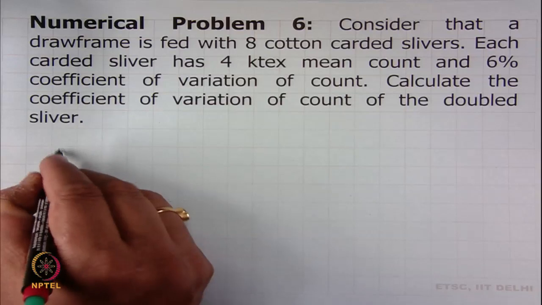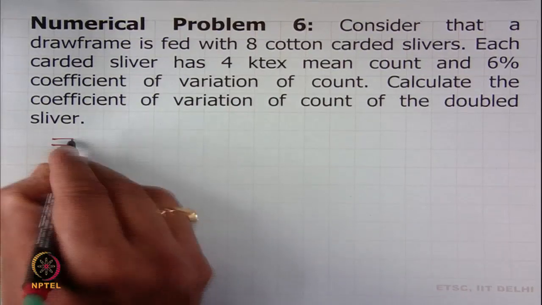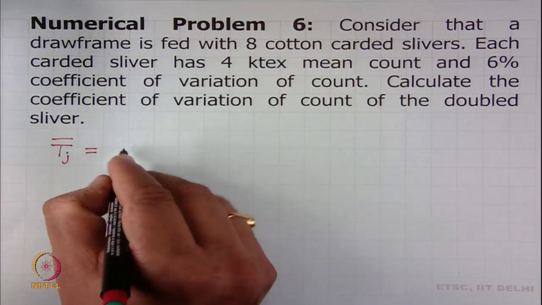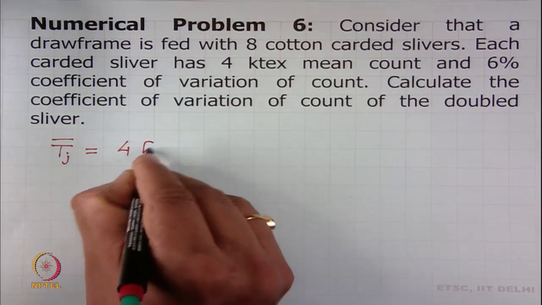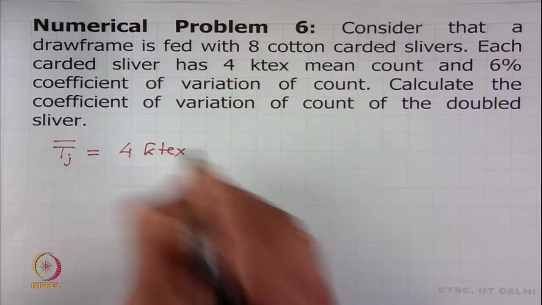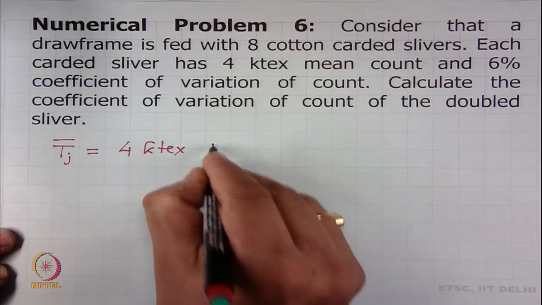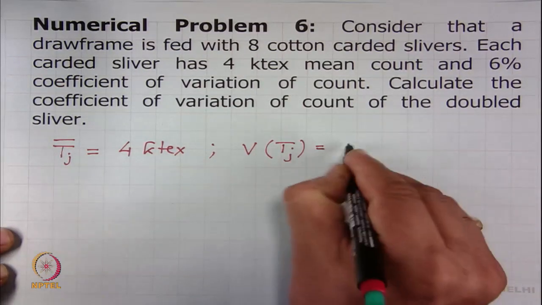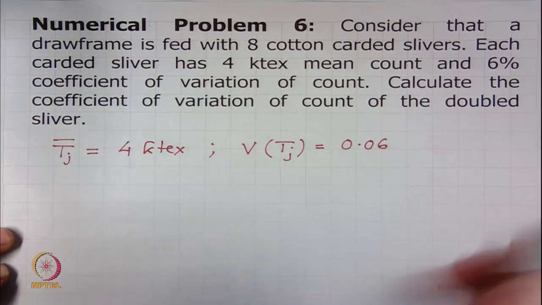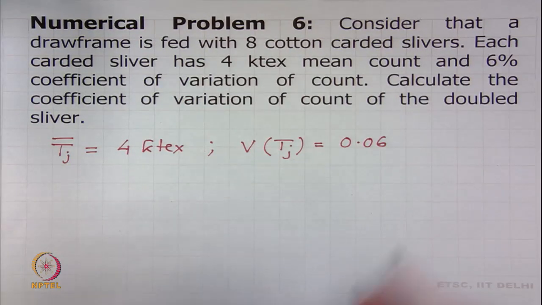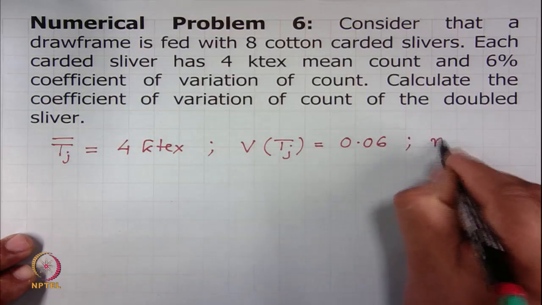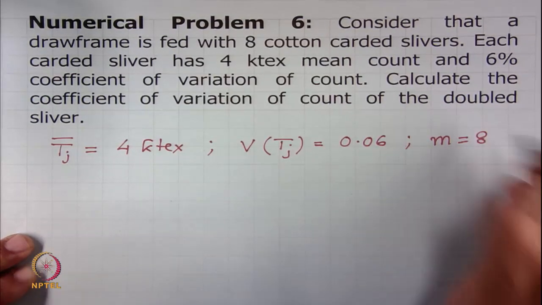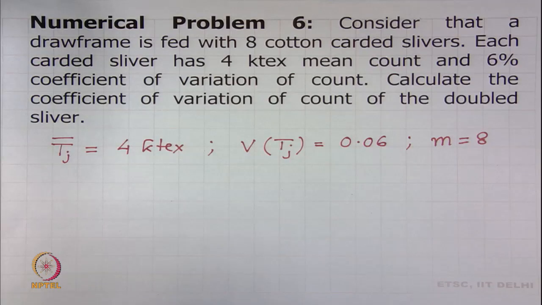So, what is given here is 4 kilotex and 6% is given, doubling is 8. Okay.